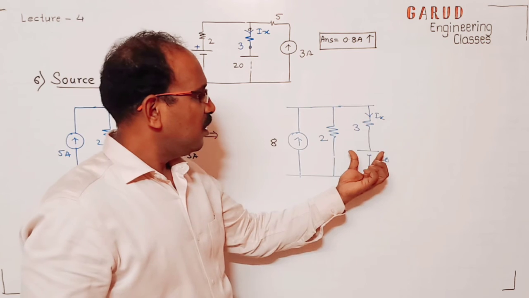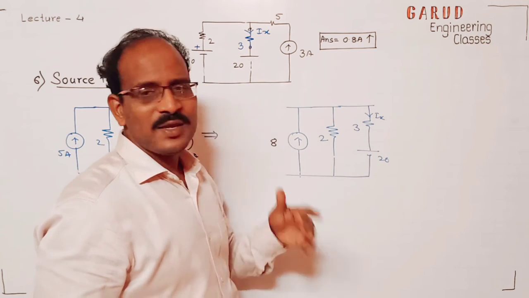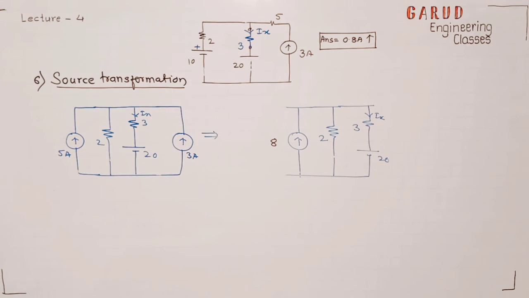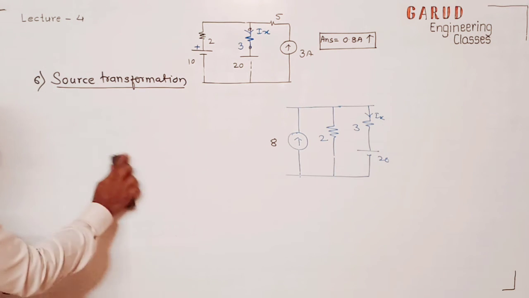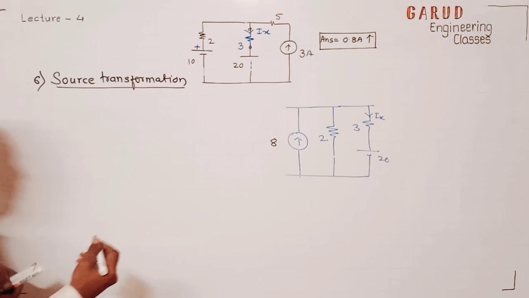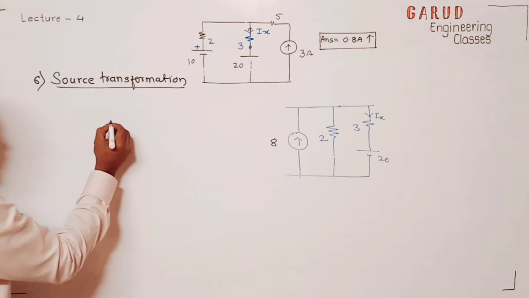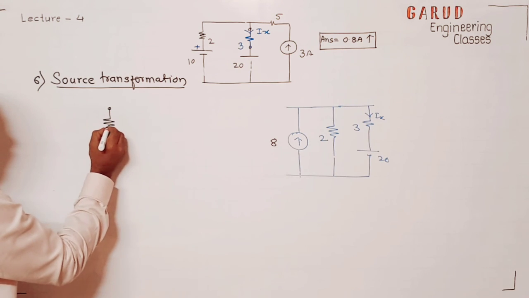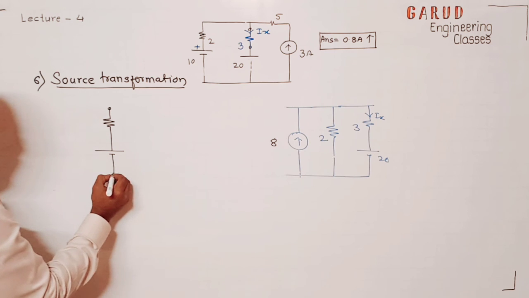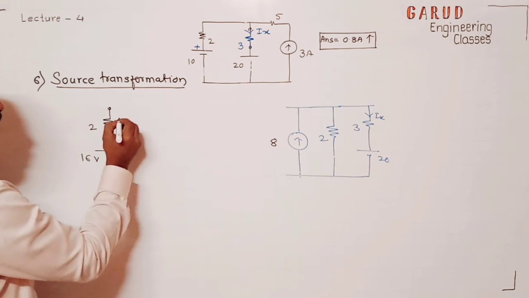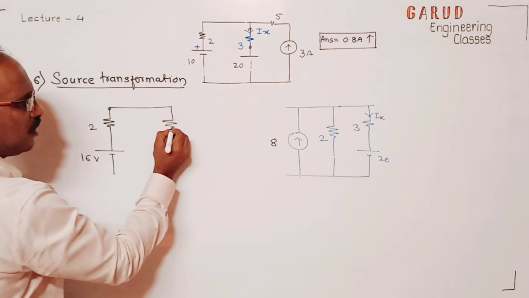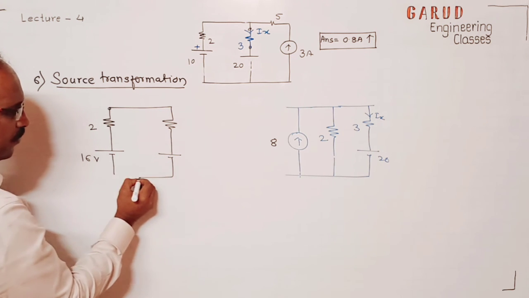So here we have to convert into voltage again. Converting that: 8 into 2, 16 volt. 16 volt plus 2, same, and this is your original branch.